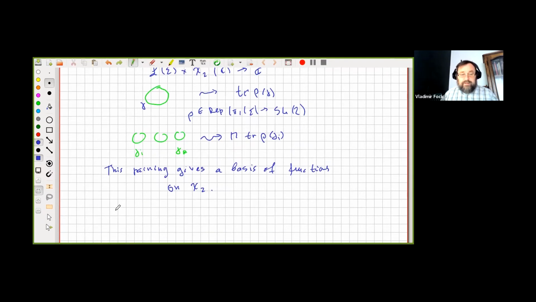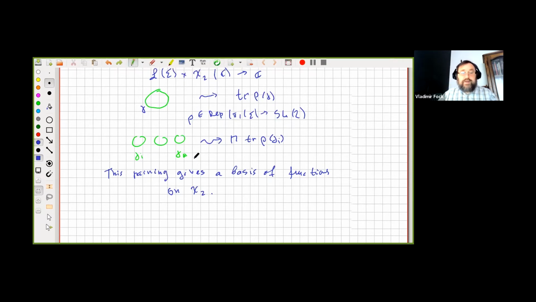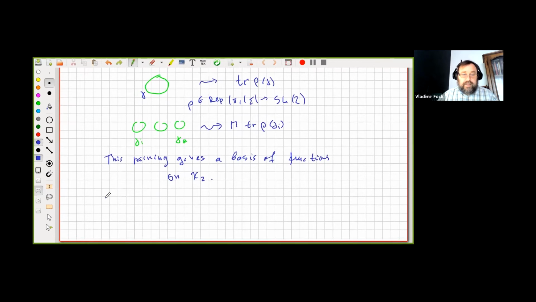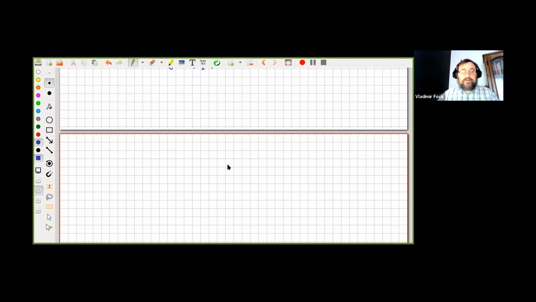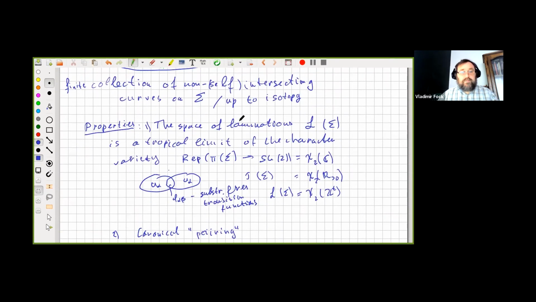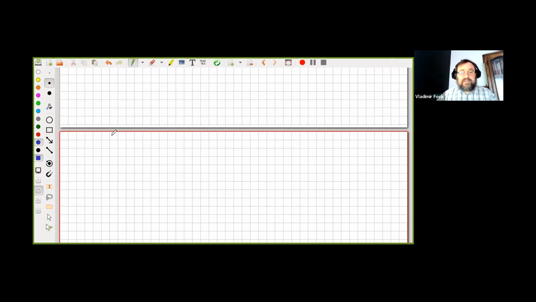And finally, the third thing which I would like to mention about laminations is that they are related to the way Thurston considered the lamination.